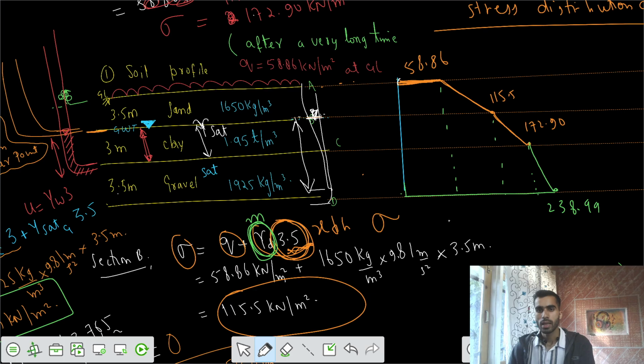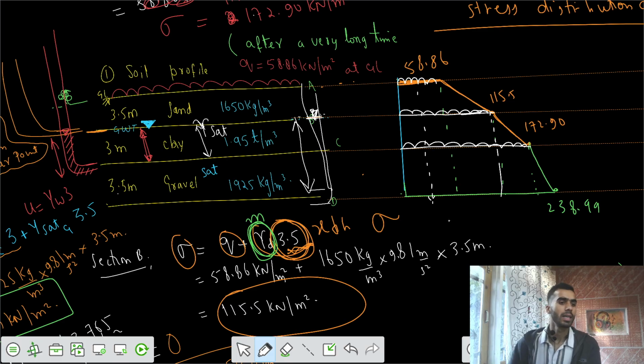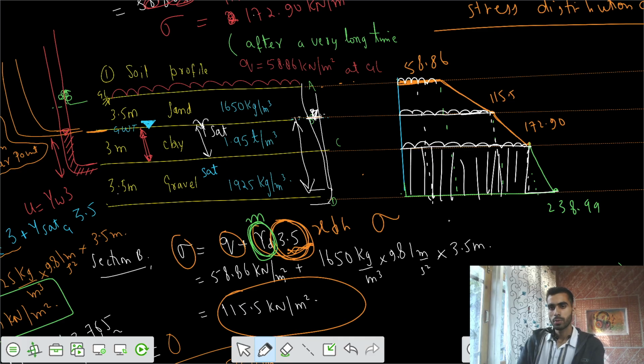This total stress at this section acts as a surcharge for all the soil below it, and similarly this total stress at section C acts as a surcharge for your soil D, such that you have a constant stress for all those fibers, and the increase is only because of gamma sat in the gravel and the elevation difference of 3.5. So that's your total stress.